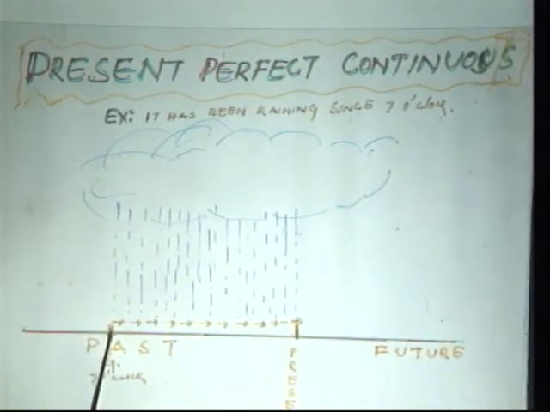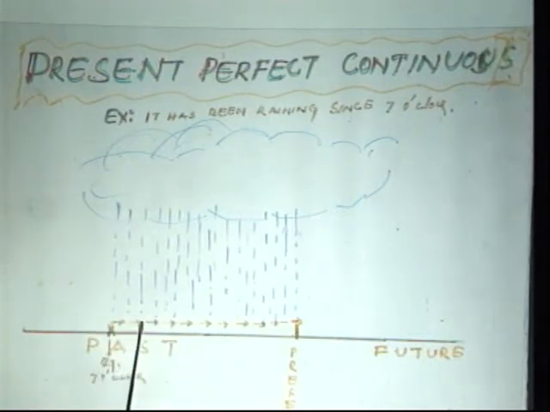This cross mark indicates an action that happened. It can be 7 o'clock, it can be yesterday, it can be in the morning, it can be in 1995 or any other year also. It has already happened. Not only that, even you find something like this, arrows are there.